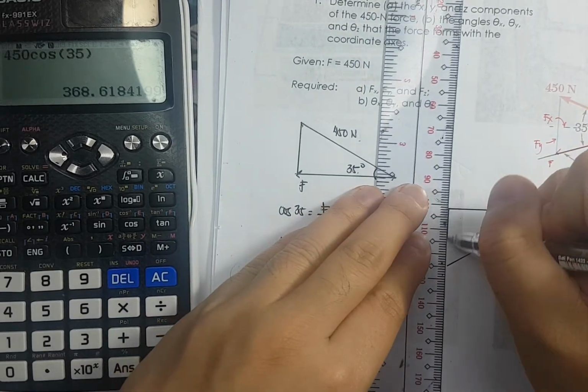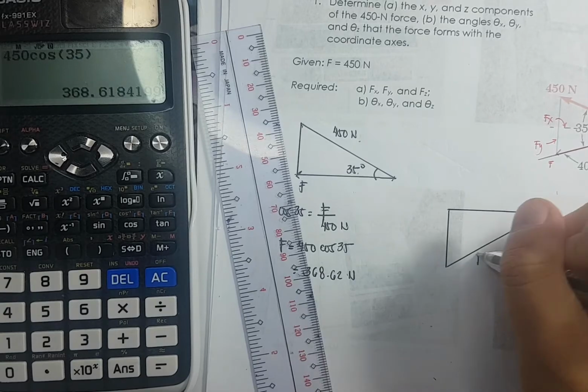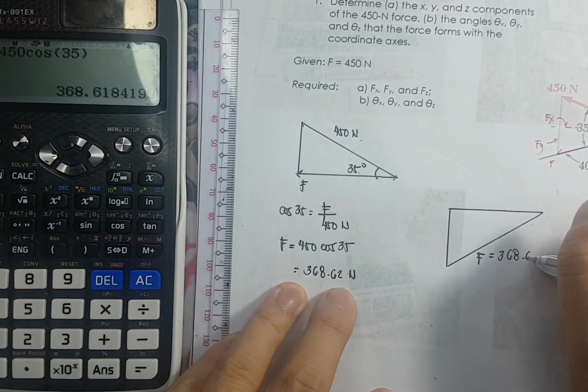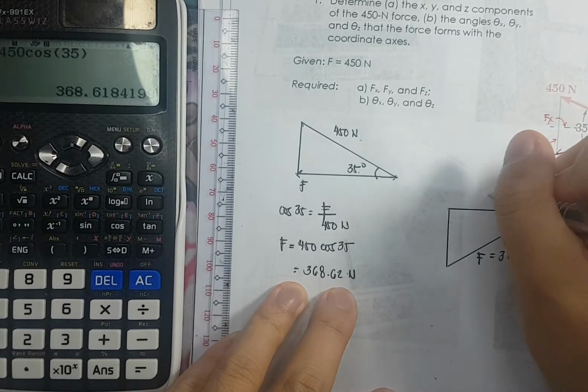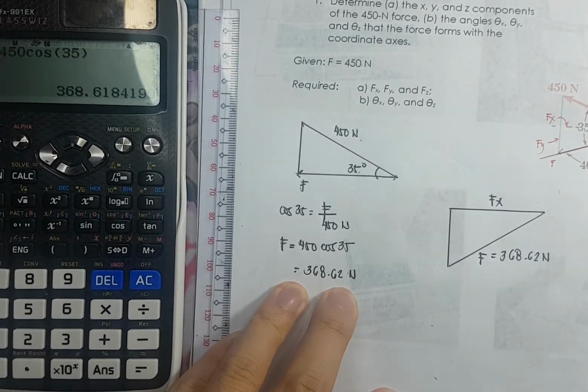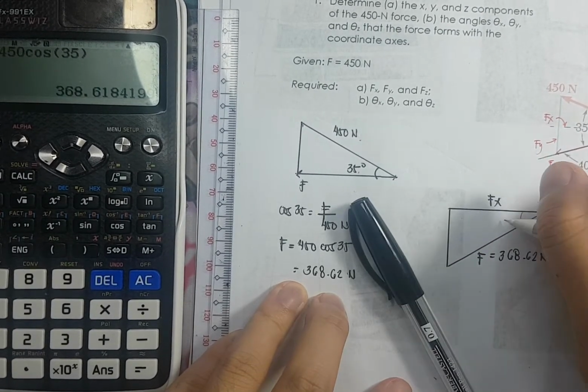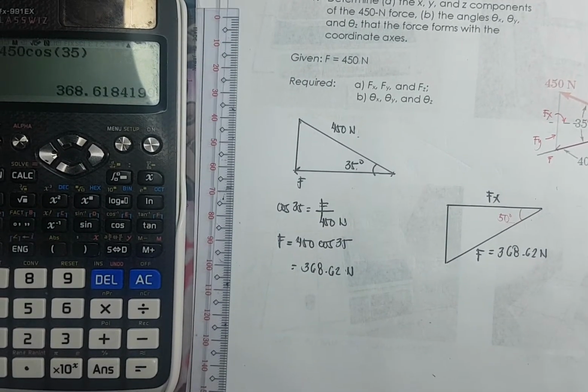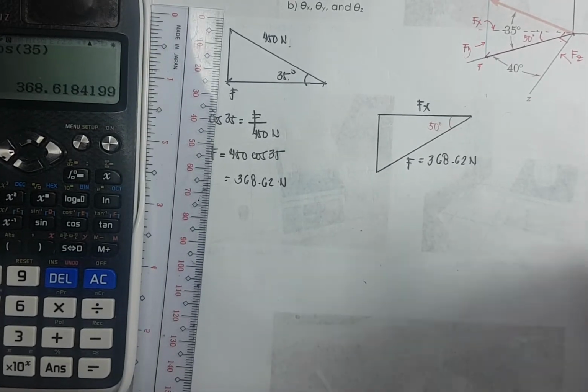So this is f, and that is 368.62 newtons. This is f of x, and this is 50 degrees.